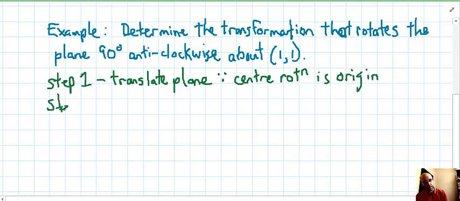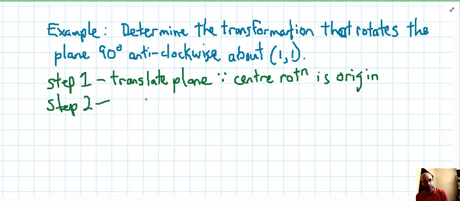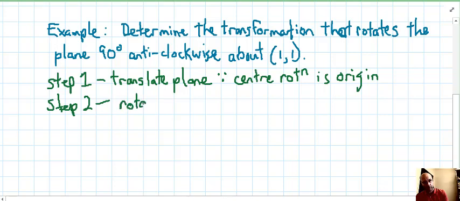Step 2, we do the rotation by theta anti-clockwise, and it's 90 in this case.